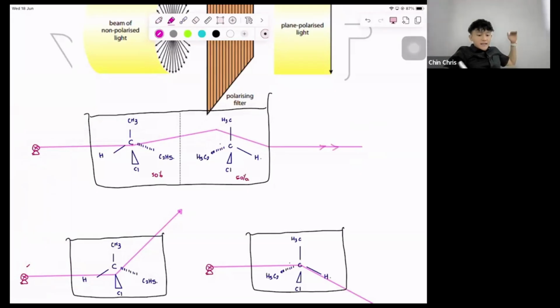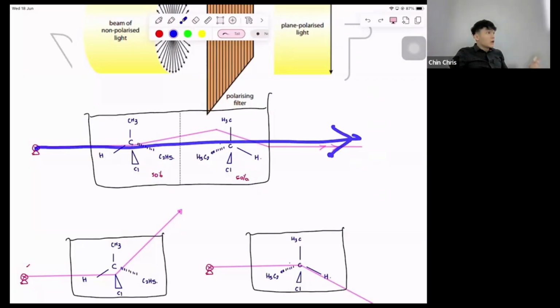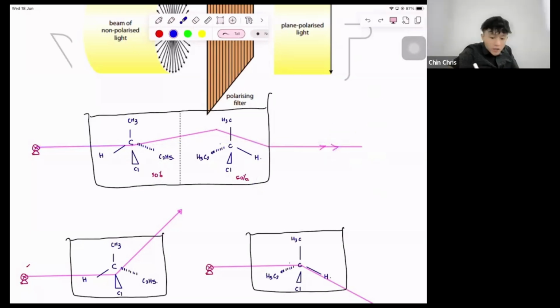So guys, if you have equal amounts of both enantiomers in a mixture, there will be no change in the direction. We call it no net optical activity. Do you see that the light is not changing in direction when you have 50%, 50%?